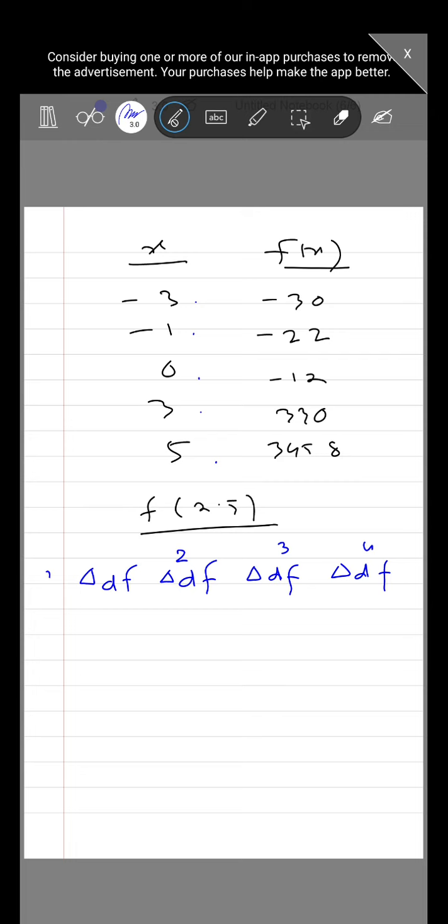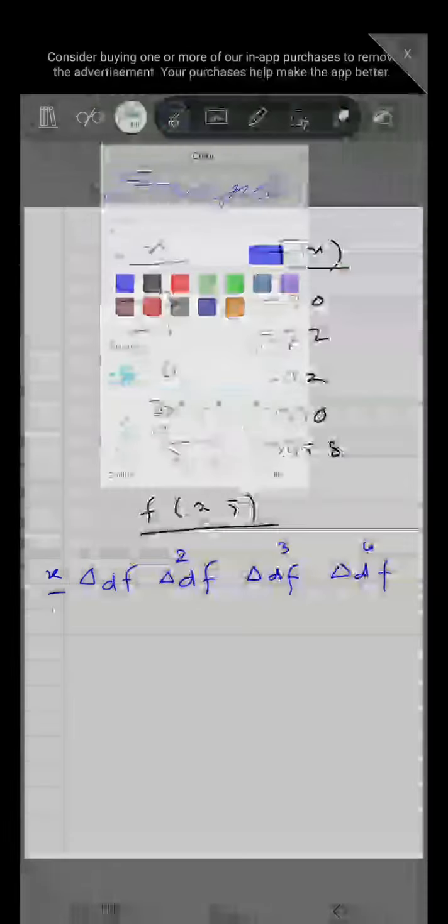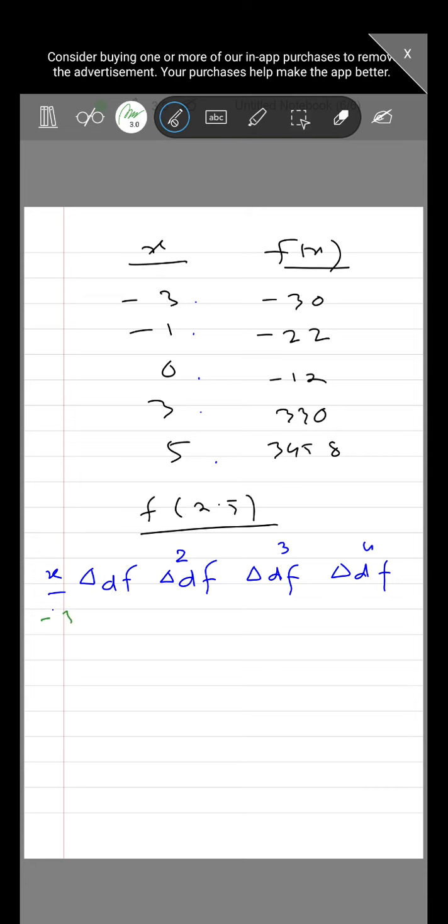First we write x: minus 3, minus 1, 0, 3 and 5.